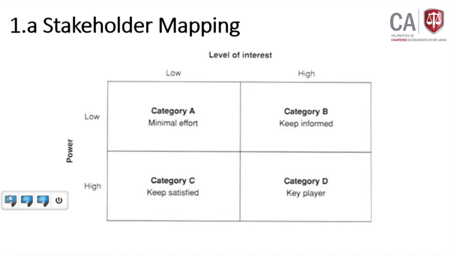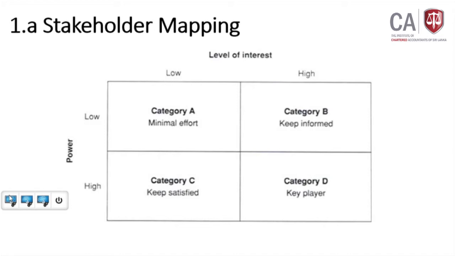Right. What are the common examples for each group? For an example, category A, what are the examples? So, category A means level of interest low, power is also low.